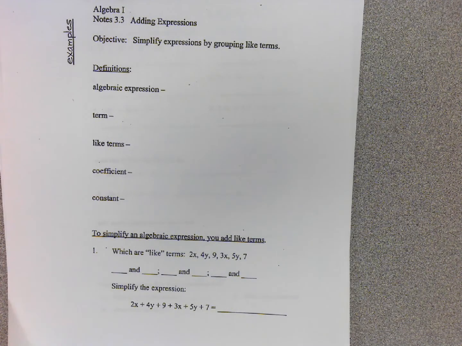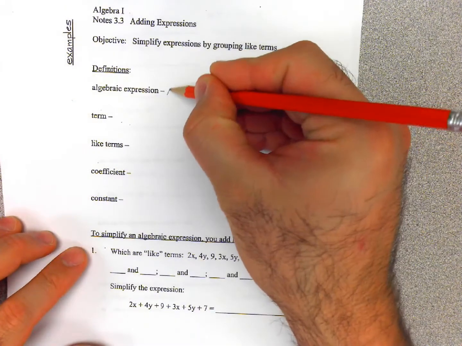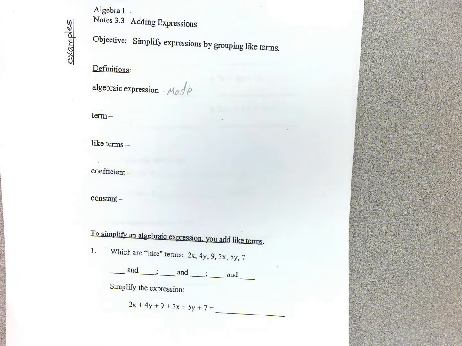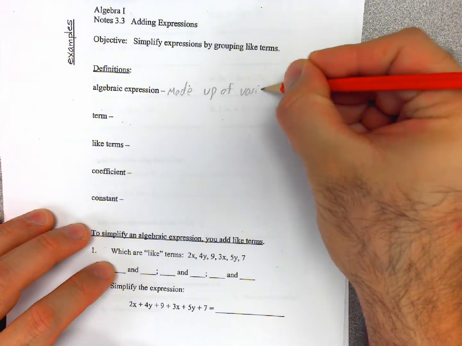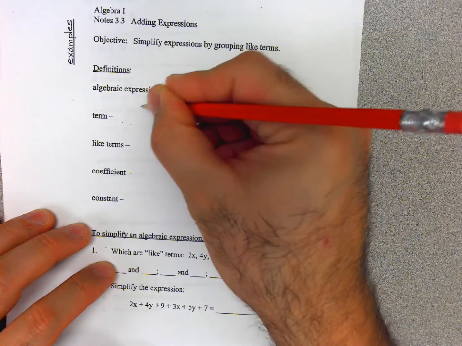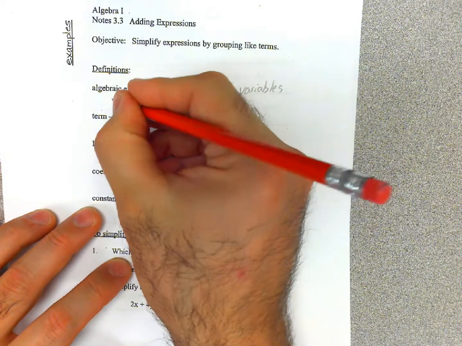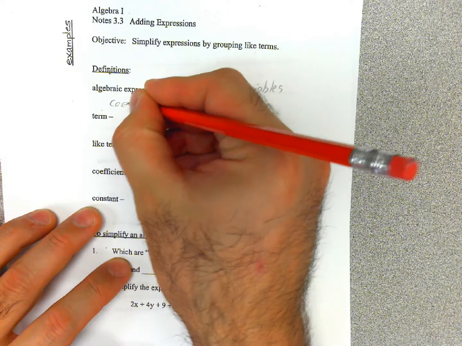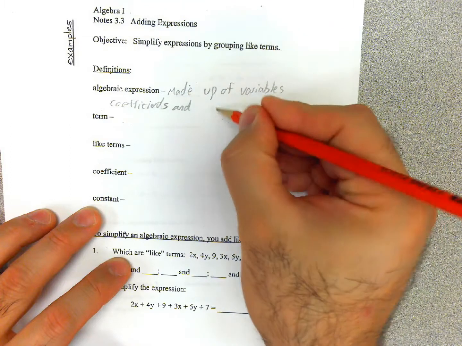All right, so if you see this sheet that I gave you, we're just going to fill out some things quickly before you have your practice work. So an algebraic expression is made up of variables, numbers, we call these coefficients, and constants.